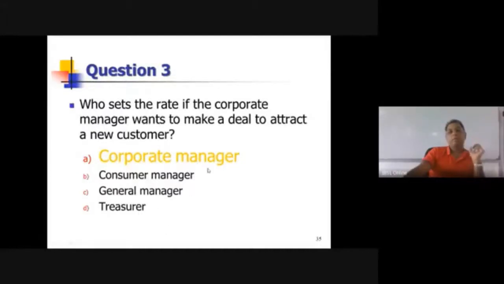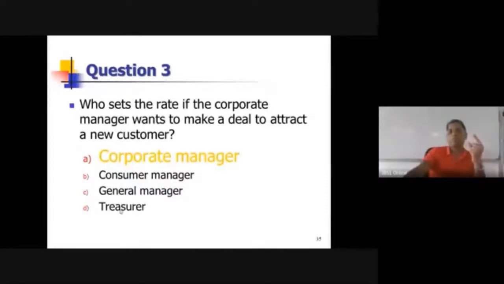If he wants a better rate because the client is borrowing a substantial amount of money, and he wants to better his rate to the client, yeah, he can do that. But he can go back to the treasurer and say, look, I'm reducing my margin for this guy by 1%. So instead of lending to him at 15%, I'm going to lend to him at 14%. Your transfer pricing rate to me is 13%.